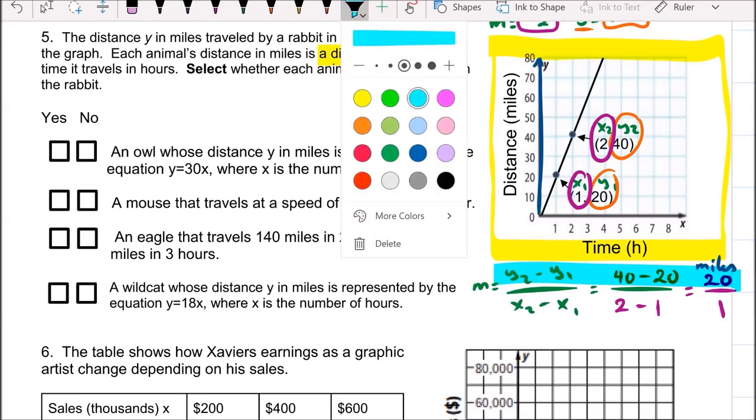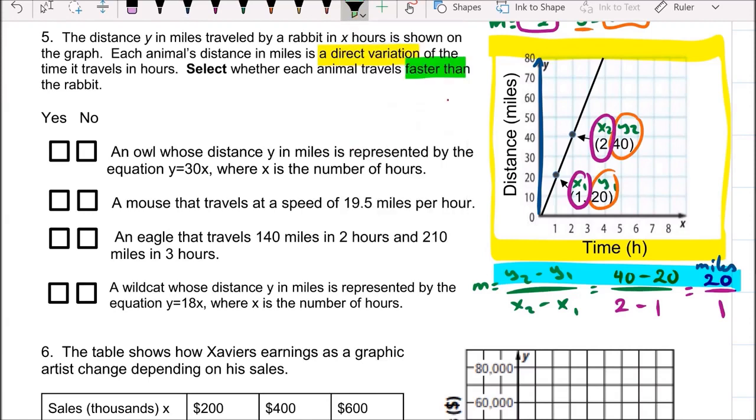The 1 comes from the x value, and in this case x stands for hours. So 20 over 1 hour means that a rabbit can run 20 miles in 1 hour. Okay, 20 miles per hour. I'm going to write down 20 miles per hour.